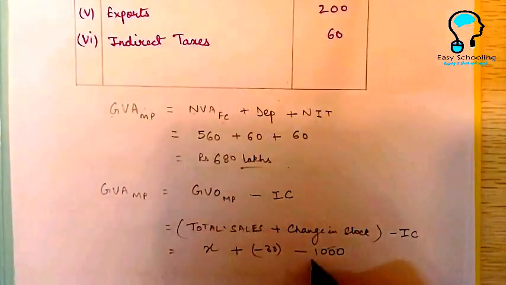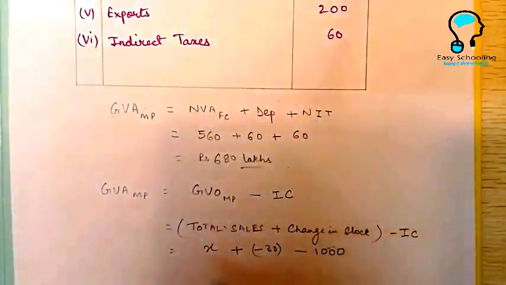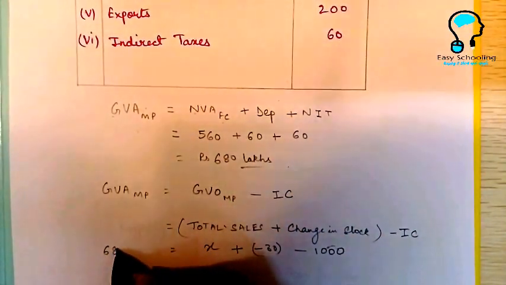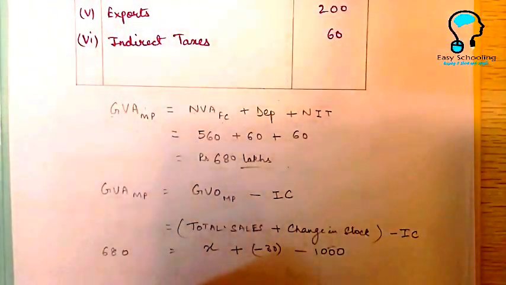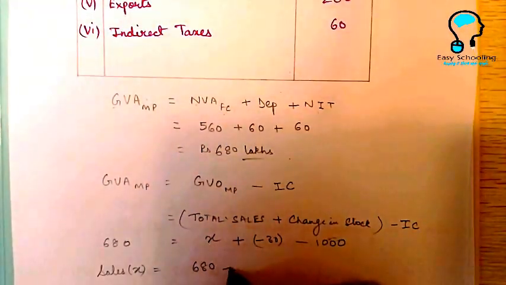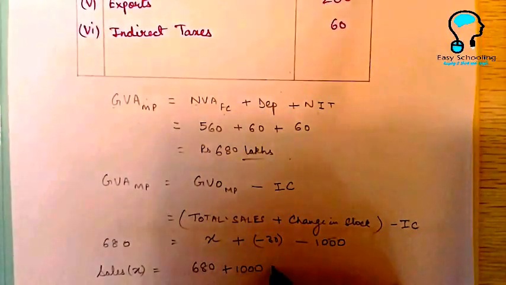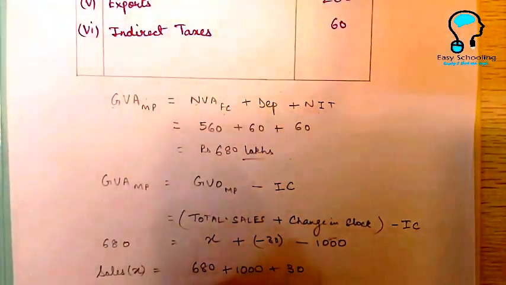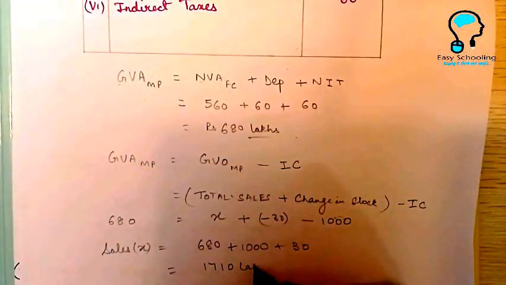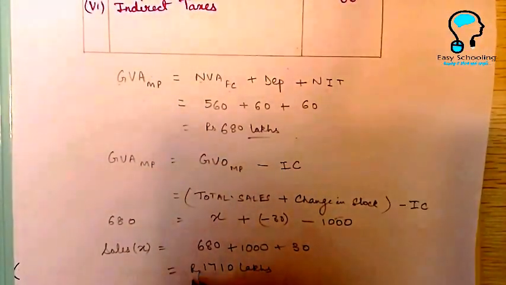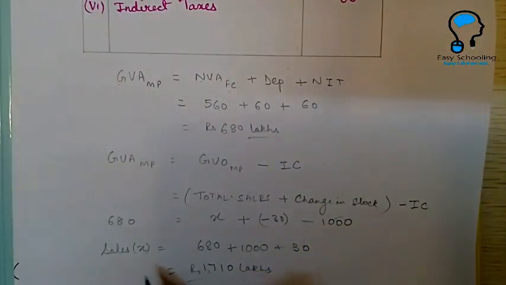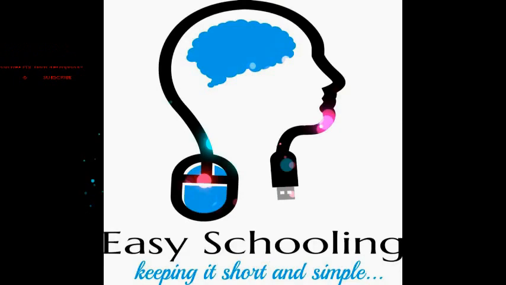Intermediate consumption is 1000, so minus 1000. And our GVA we have calculated, 680. So 680 plus 1000 plus 30, that is 1710 lakhs. Rupees 1710 lakhs. That will be your sales.